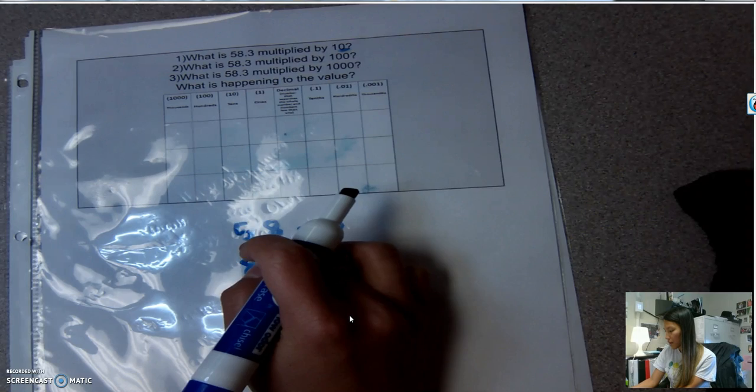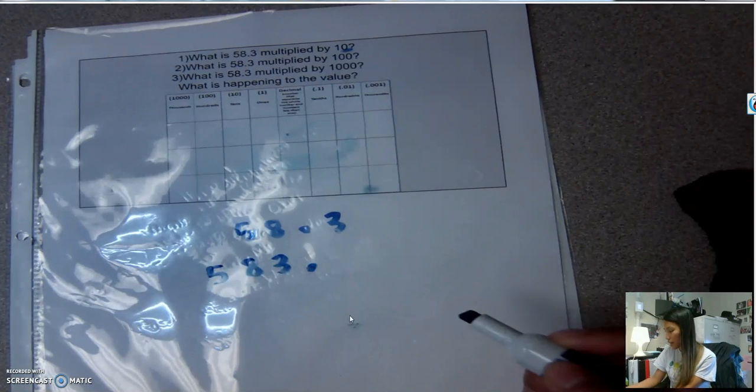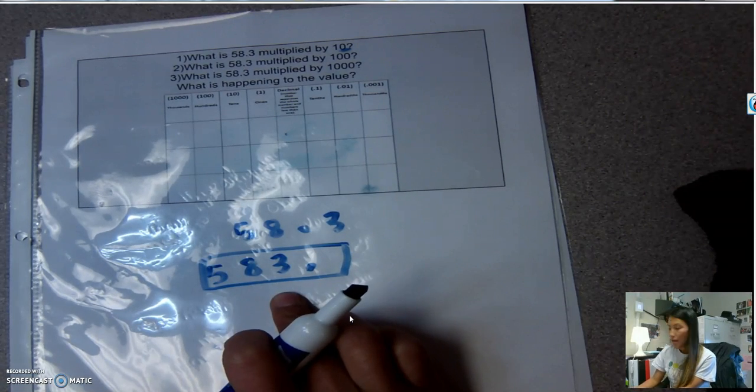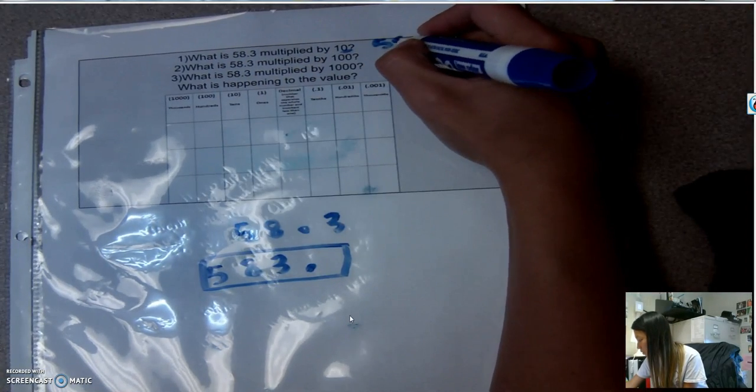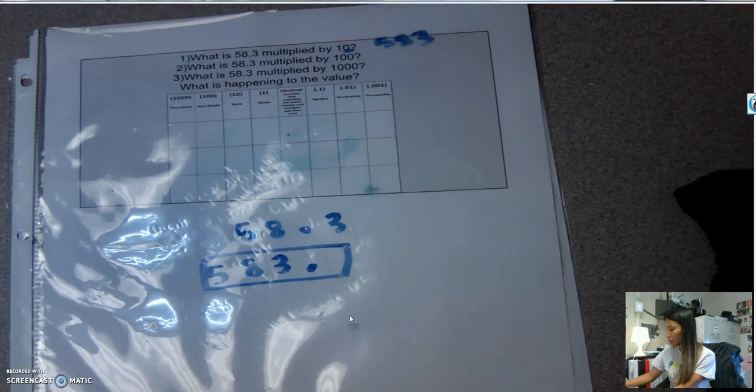The 5 from the 10s place value is now in the hundreds. Okay, so I'm going to lock in my answer. So my answer looks like 583. And I know that 58 and 3/10 multiplied by 10 will now give me 583.